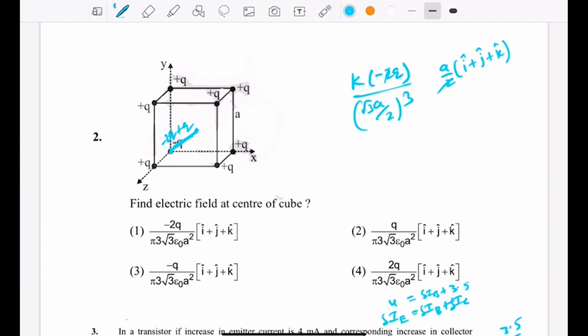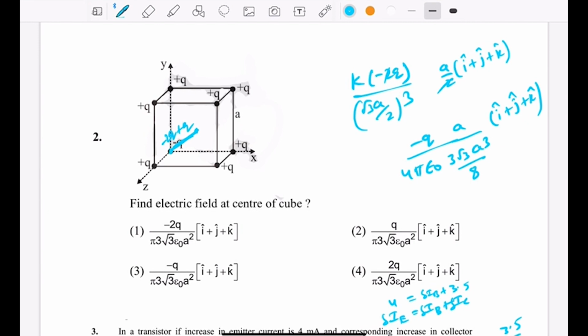1 by 4 pi epsilon naught, so minus q into q by 4 pi epsilon naught into a by cube root. If I do it, 3 root 3 into a cube by 8 into i plus j plus k.